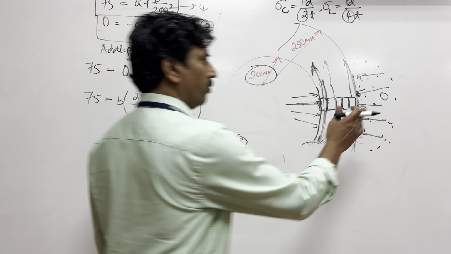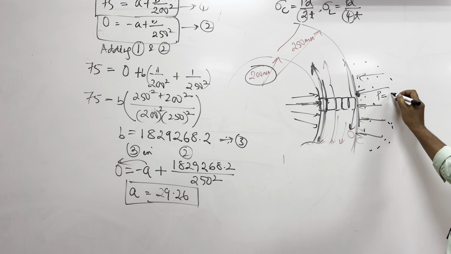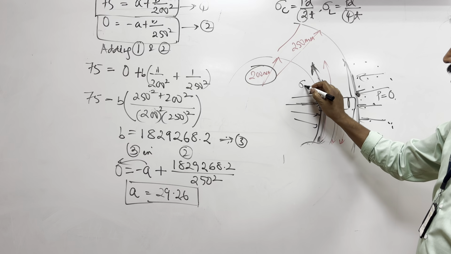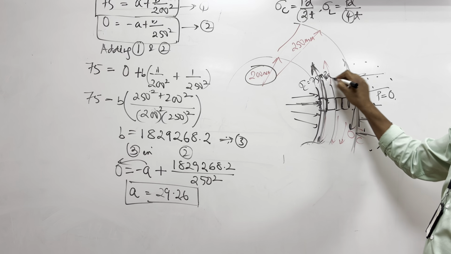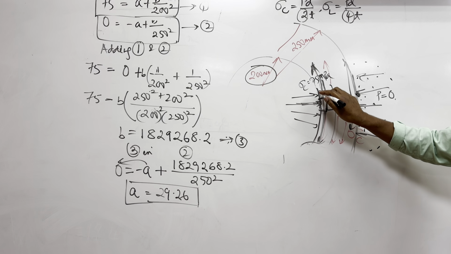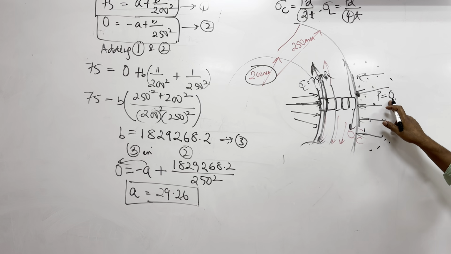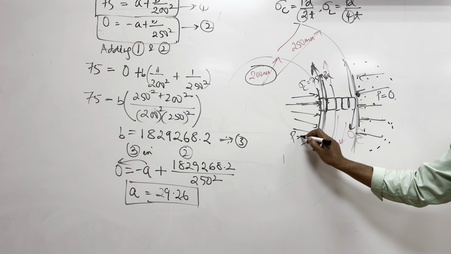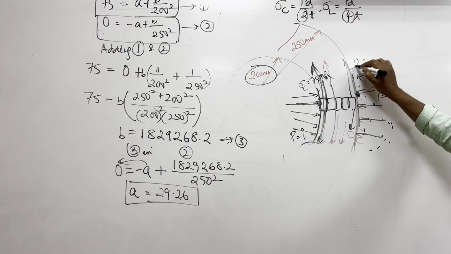What we knew was that outside the radial stress P was 0, the inside sigma C was 75 MPa. But I don't know the value of P inside and sigma C outside.